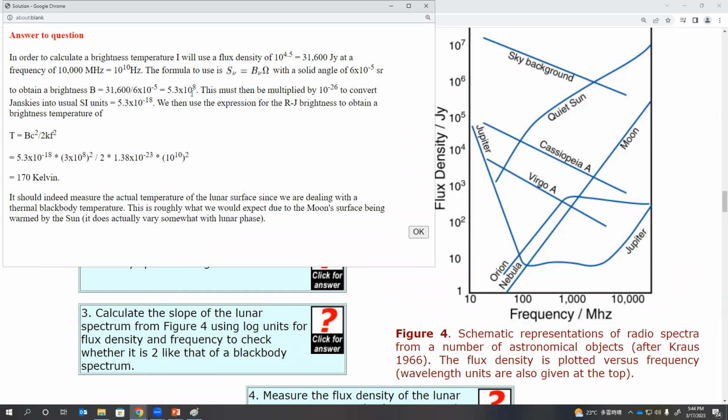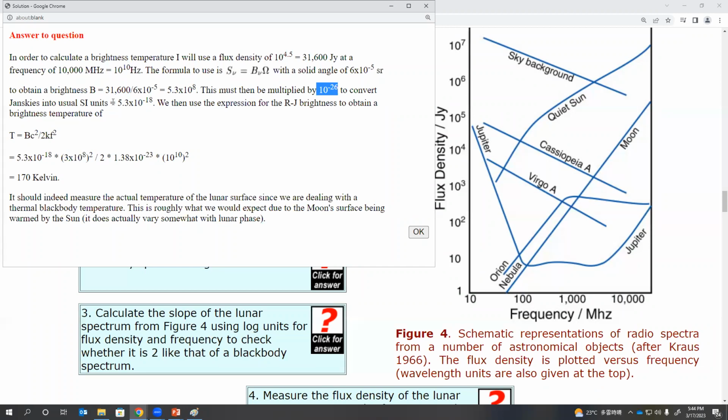And this must be converted from Jansky into SI units. This is Jansky, and 1 Jansky is equal to 10 to the power minus 26.